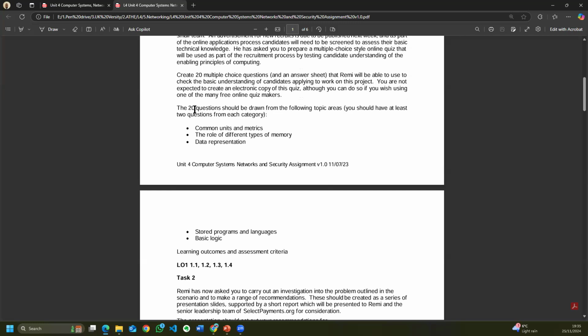So for example, when I'm talking about the different types of memory, I could be talking about megabytes, gigabytes, etc. Give an explanation of what they are, but then embed that into the question, like, is a gigabyte such and such, or is it such and such? And then in my answer sheet, I can flag which one is the correct description.